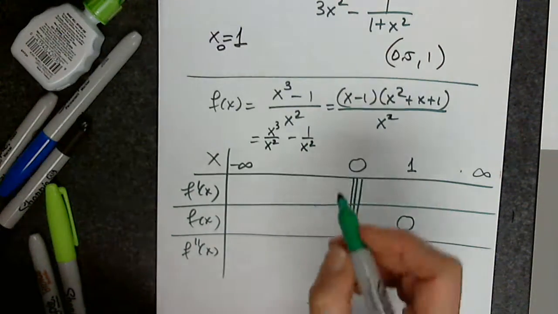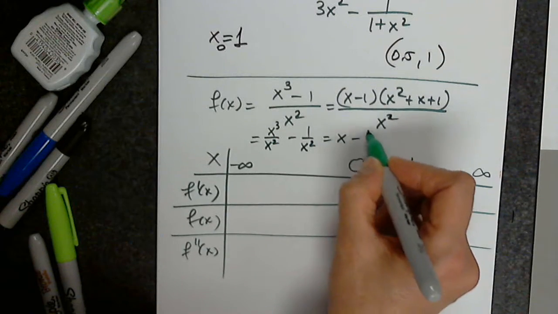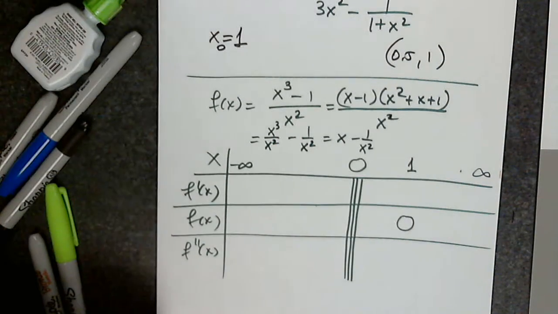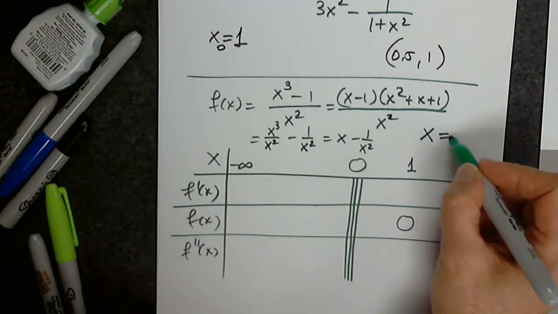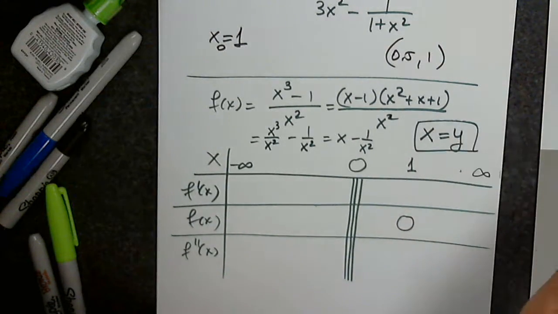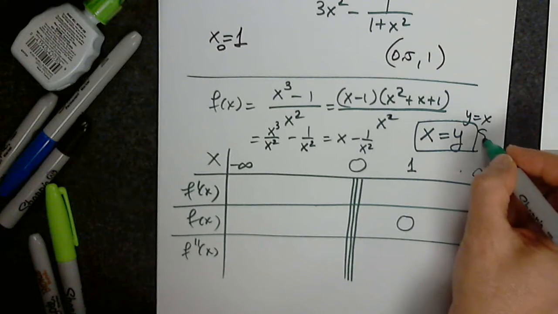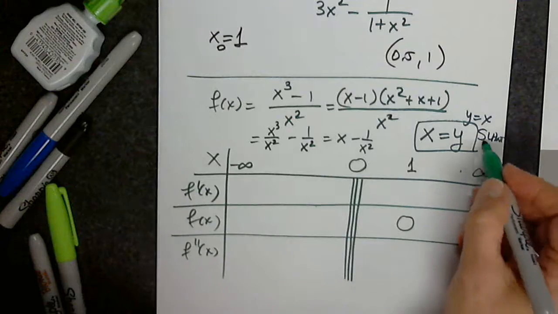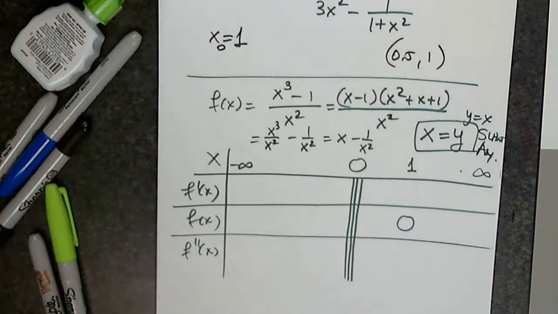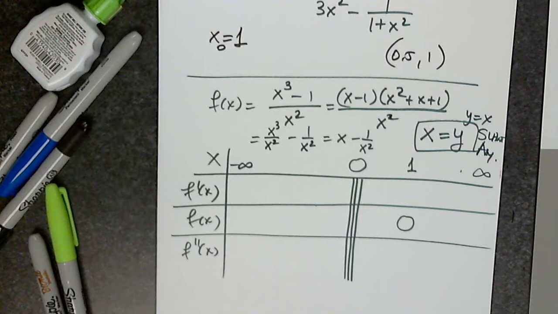This is very important, because I simplify and get x minus 1 over x squared. Just the quotient of this division, y equals x, is the slant asymptote. The quotient of this division is always the slant asymptote.